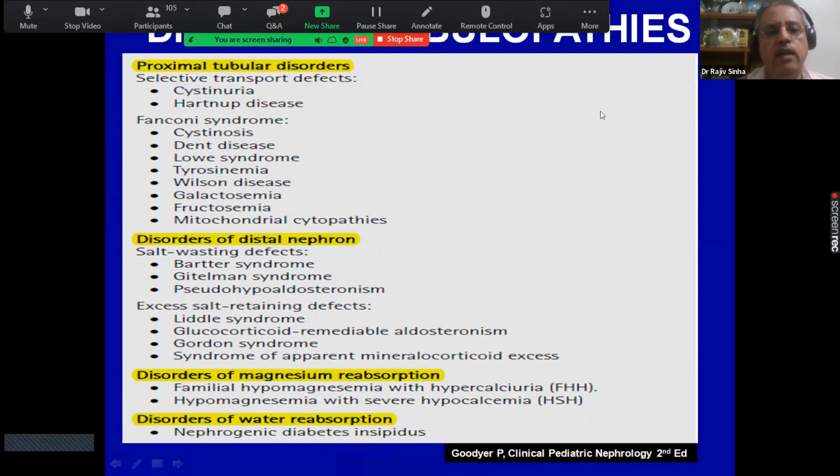This is the classification which I like, because it is quite simple, and you can classify the tubular disorders into proximal.